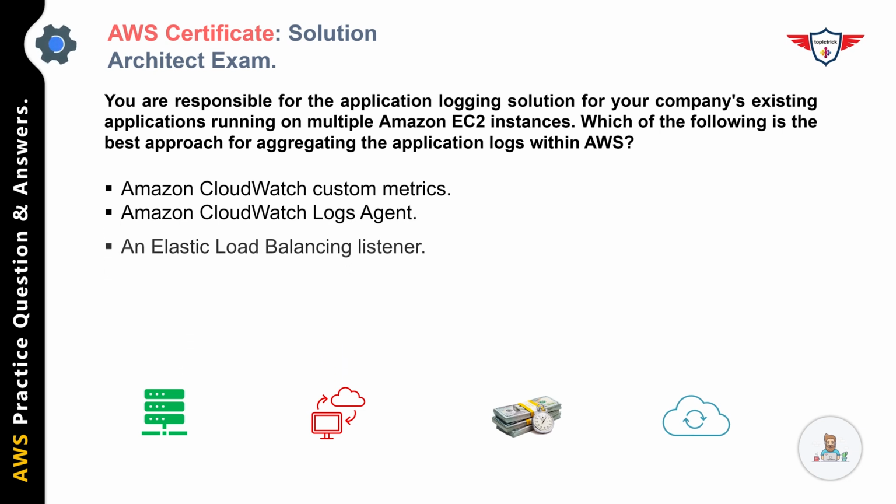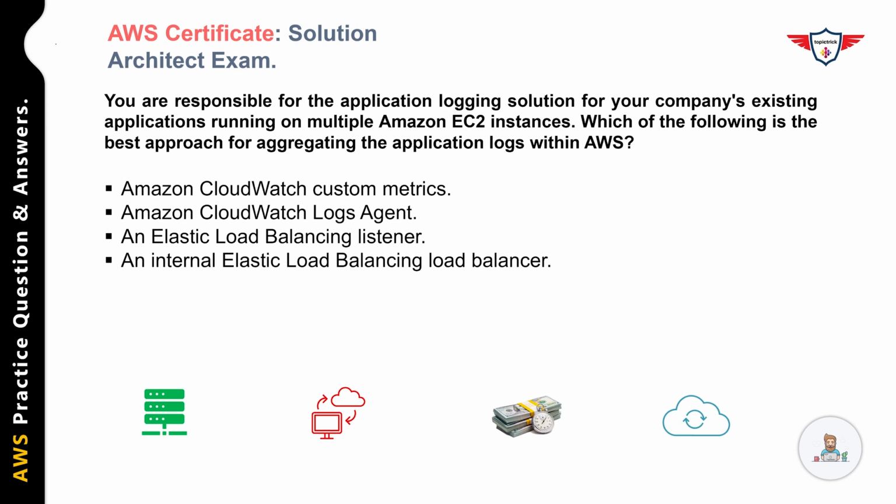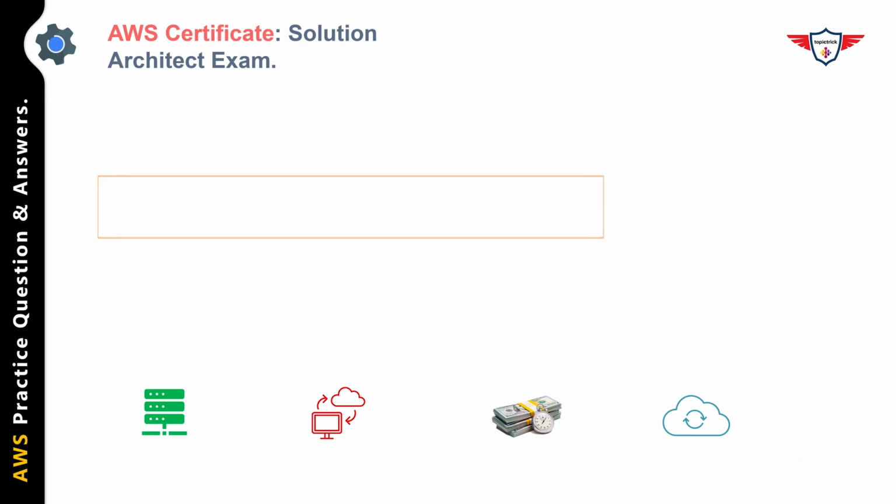Your options are Amazon CloudWatch custom metrics, Amazon CloudWatch Log Agent, an Elastic Load Balancing listener, and an internal Elastic Load Balancing load balancer. The correct answer is Amazon CloudWatch Log Agent. You can use the Amazon CloudWatch Log Agent installer on an existing Amazon EC2 instance to install and configure the CloudWatch Log Agent.